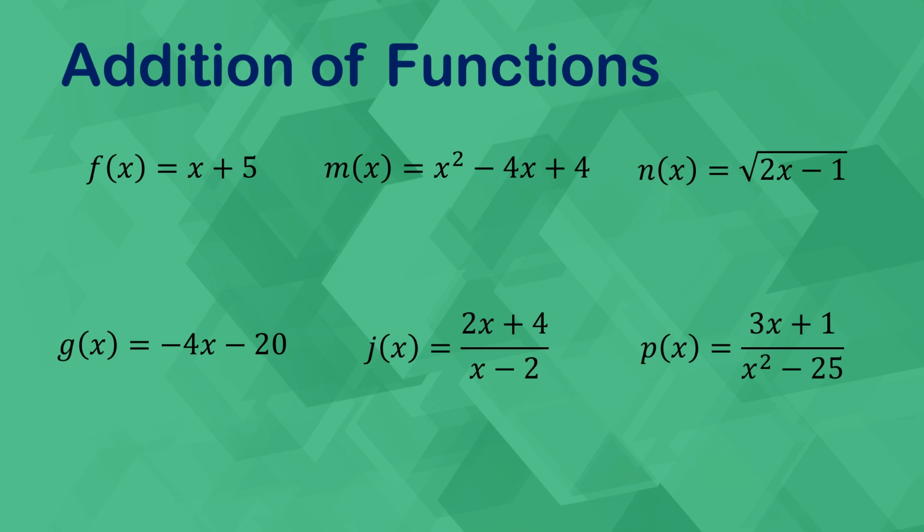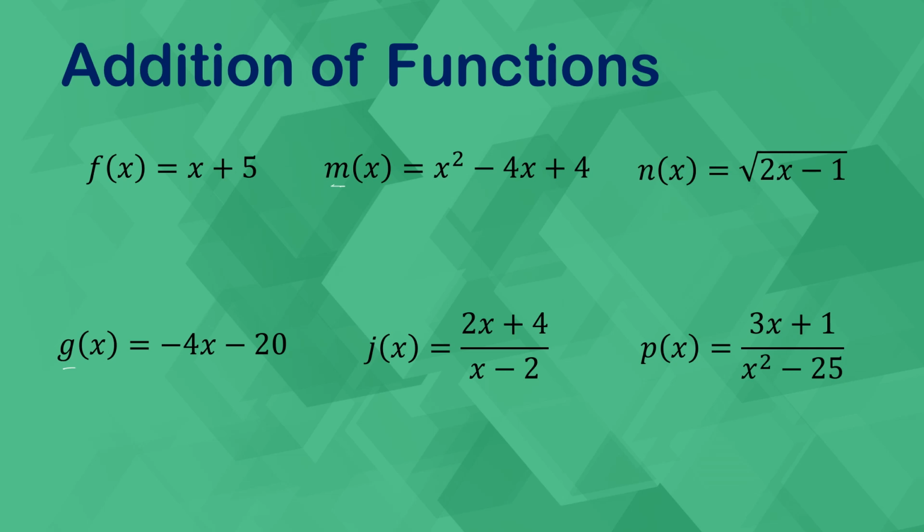Looking into these functions, f function, g function, and m function, they are under the polynomial function. Okay, so f of x, which is equal to x plus 5, and g of x, which is equal to negative 4x minus 20, are both linear functions.